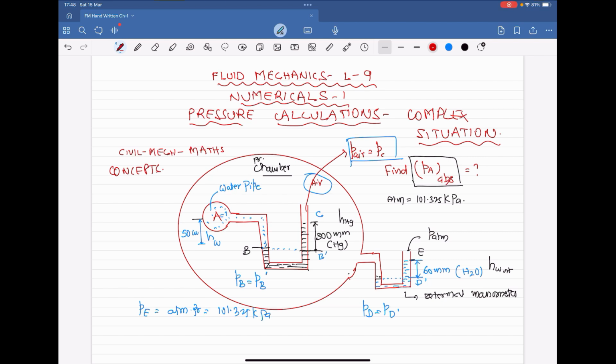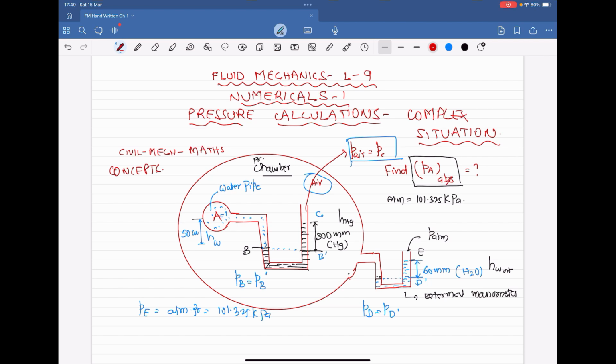The differential height of the mercury column in the mercury manometer, because of the pressure exerted by the flow of water inside the pipeline, is 300 mm, which is shown in the figure. And water is flowing in the water pipeline.